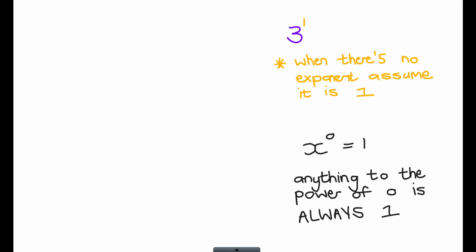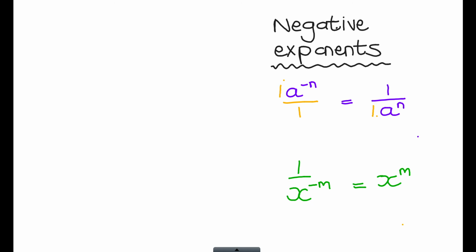Hands up, we're still copying? Okay. Right, next one. Negative exponents.